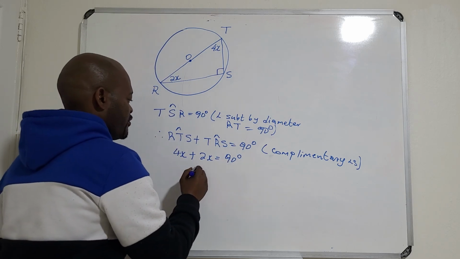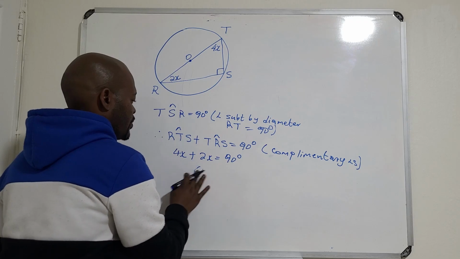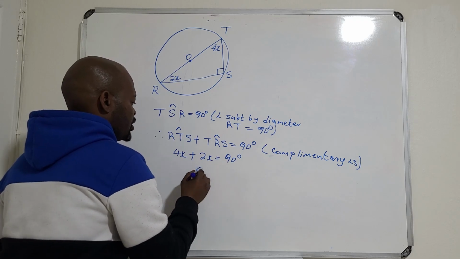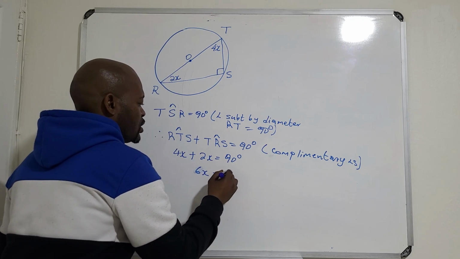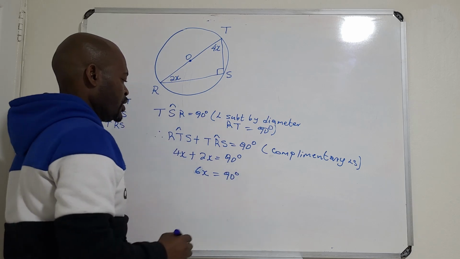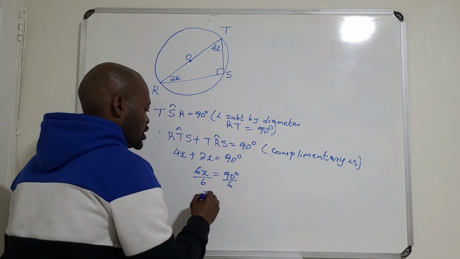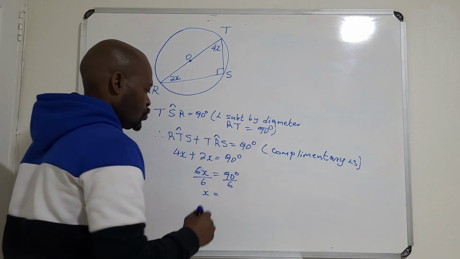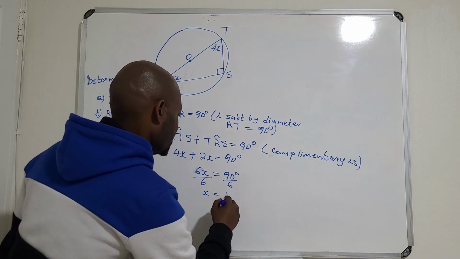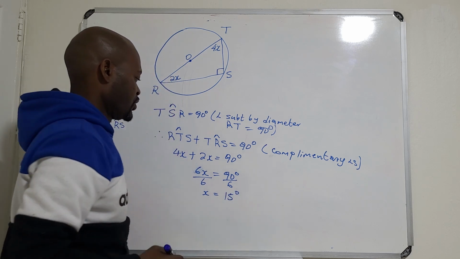Now here we're going to have 6x is equal to 90 degrees. Dividing by 6, we get x is equal to 15 degrees.